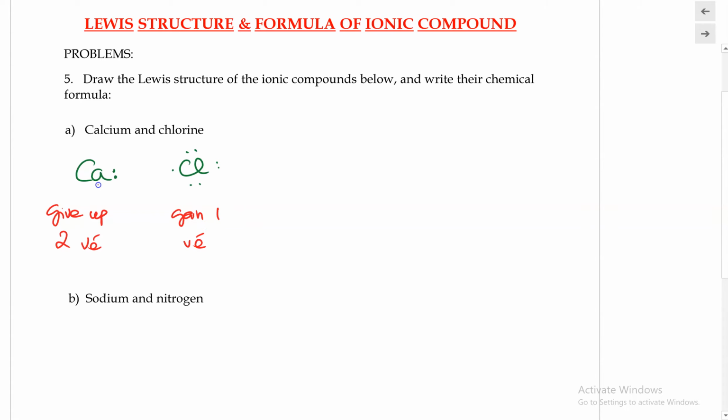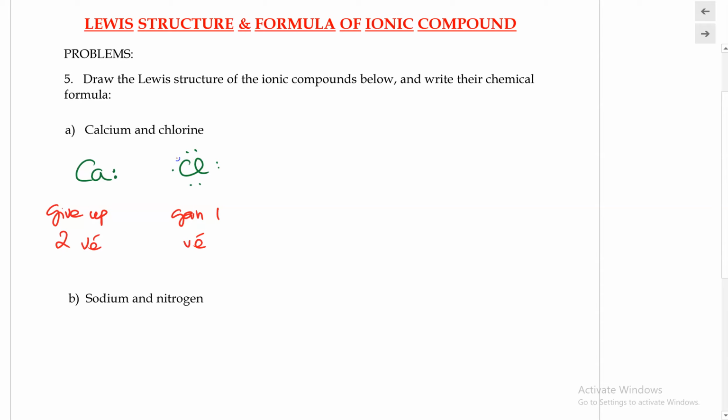Calcium won't be happy if it only gives up 1, because just by giving up 1 electron, it will not have an octet. It likes to give up 2. But chlorine just likes to gain 1. Chlorine cannot gain 2, because when it gains 2, it will not be happy either.